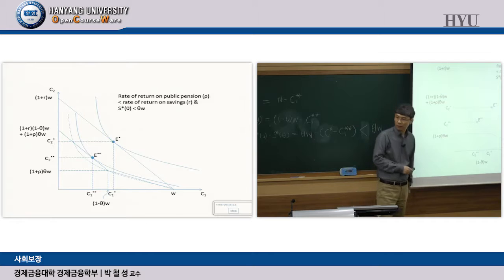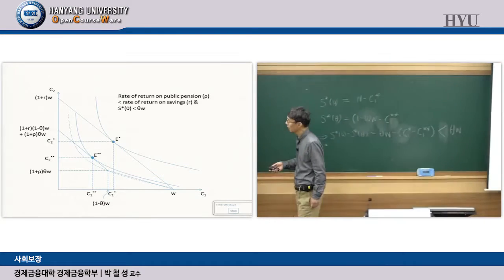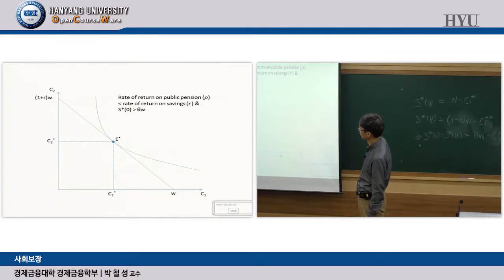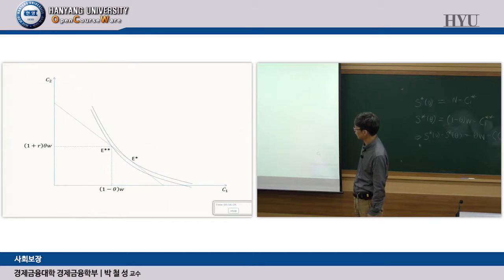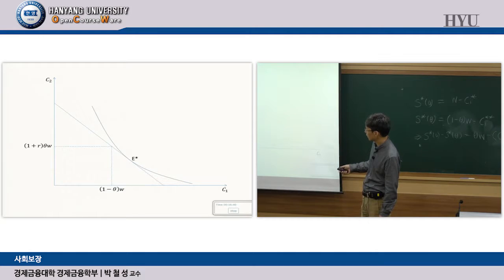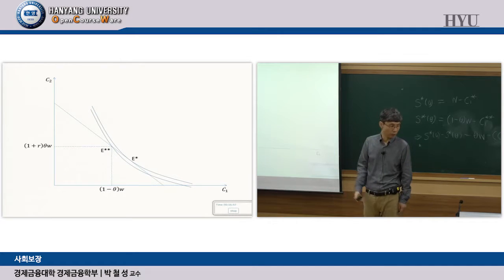Before, if rho equals R, this individual was saving less than theta W, and would simply move from E star to E2 star, which means this individual is not going to save anything privately.